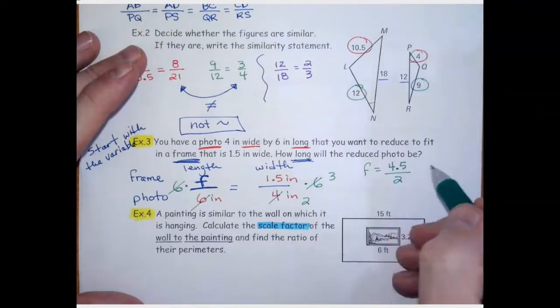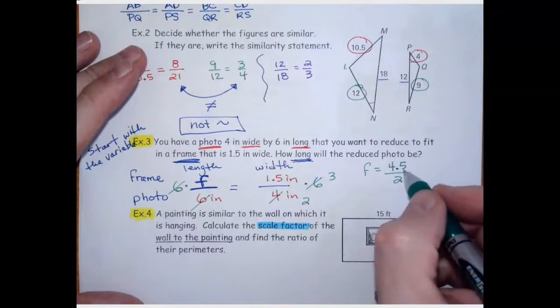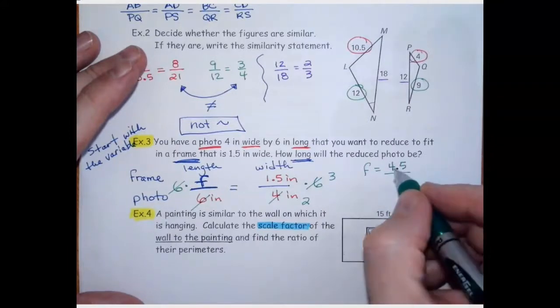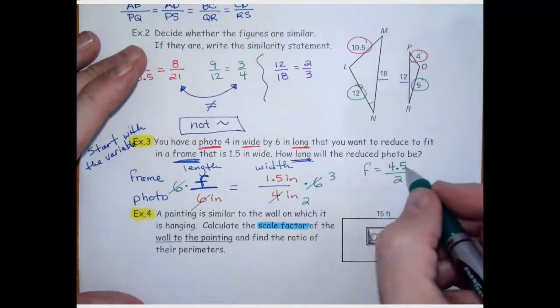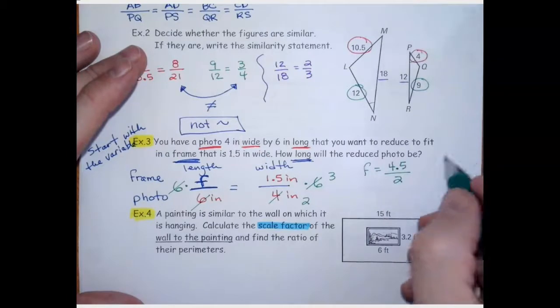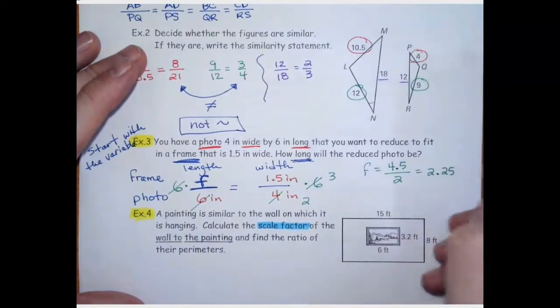We could switch it to 9 over 4, but maybe not that helpful. I'm just going to divide that by 2. So 4 divided by 2 is 2, and 0.5 divided by 2 is 0.25. You can think of that as 4.25 inches.